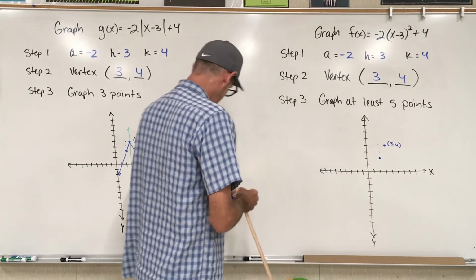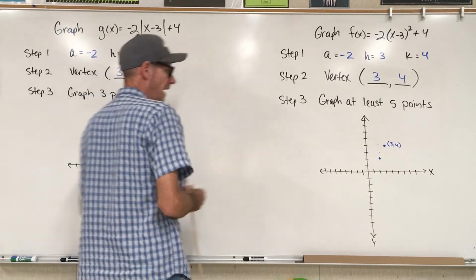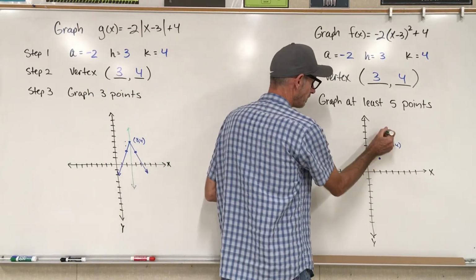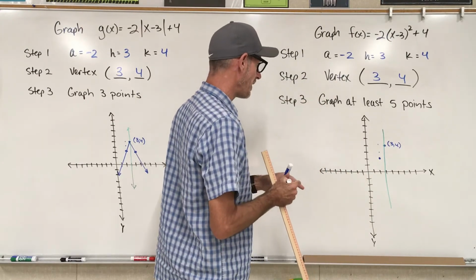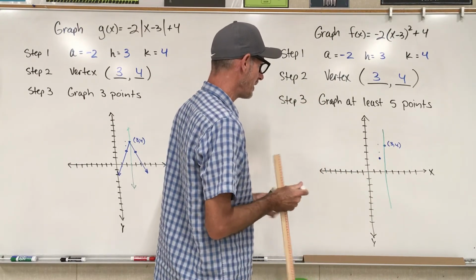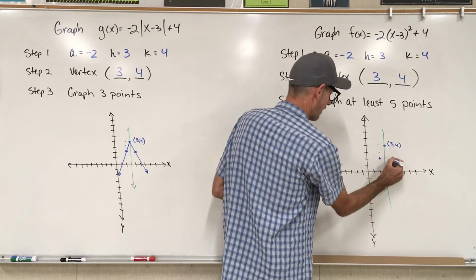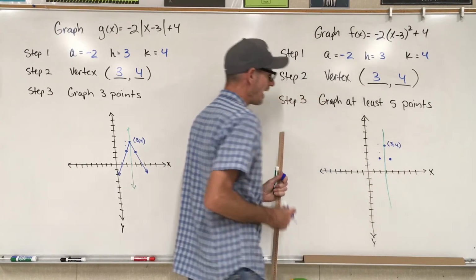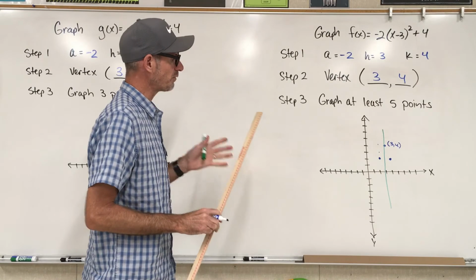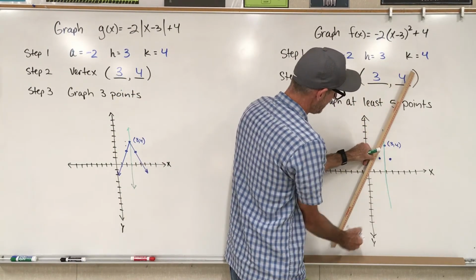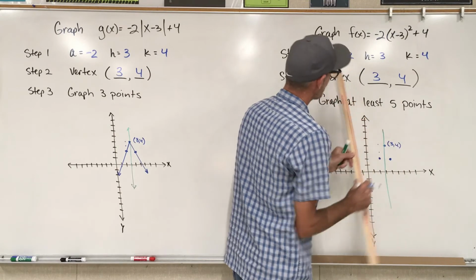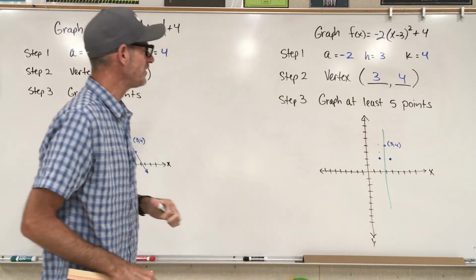Now, my axis of symmetry is right here. So I know there's going to be a point on the other side of the axis of symmetry right there. And so what some students would do, this would be a big mistake, is they would just take a ruler and they would make a V-shaped graph. But quadratic functions don't make V-shaped graphs.